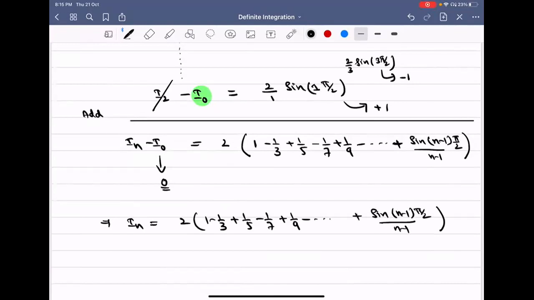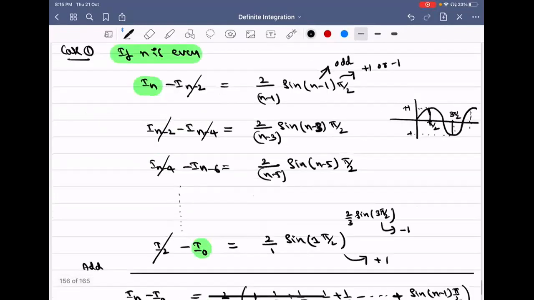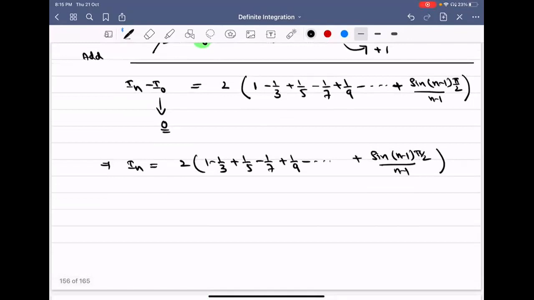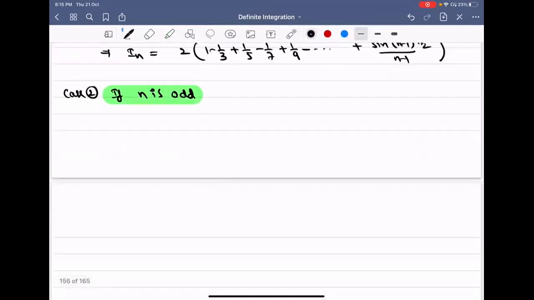Next, we will see case 2. This is case 1. Case 2 is when n is odd. So if n is odd, then what happens?